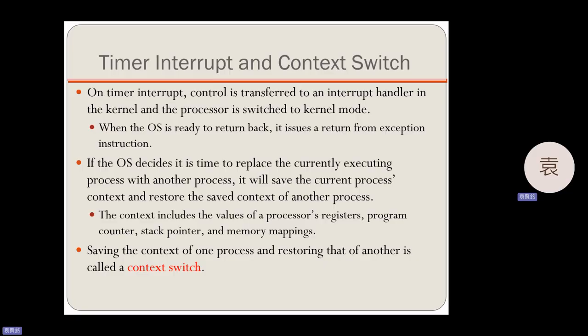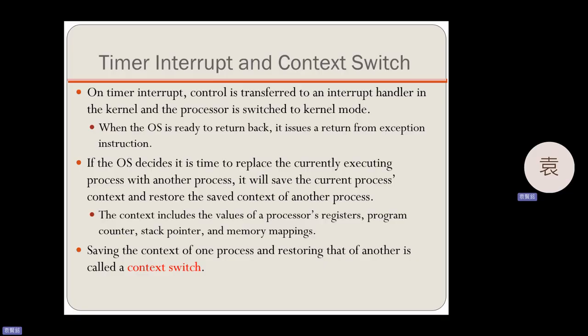So it can select the process, restore its context, and let that particular process resume its operation. This we call a context switch.